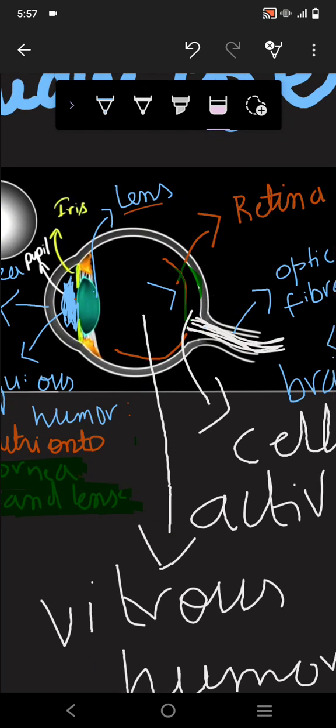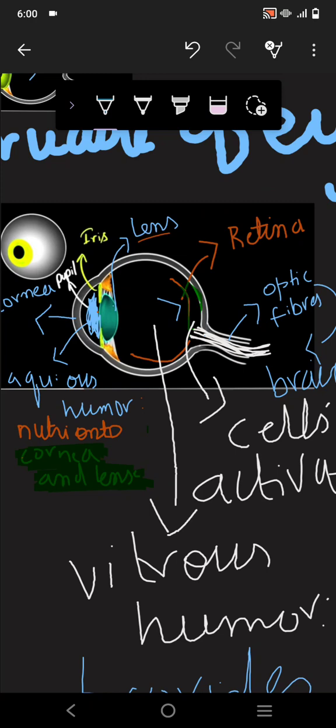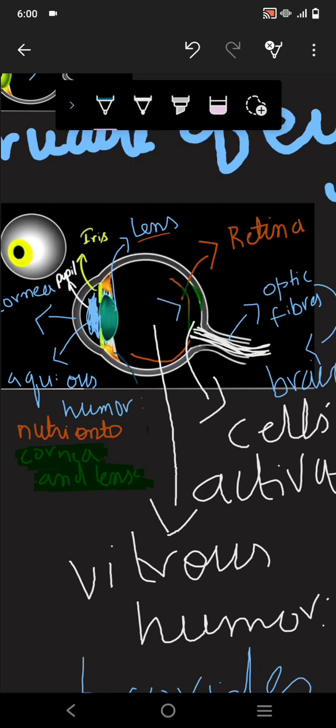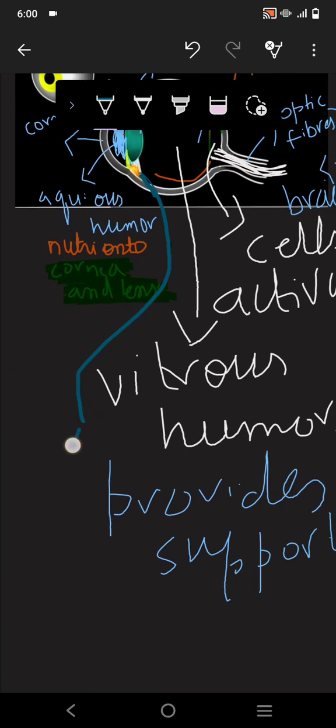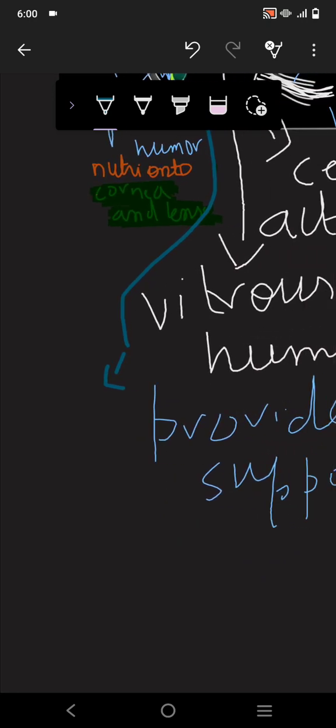Now we'll talk about the lens muscles. These muscles are known as ciliary muscles.